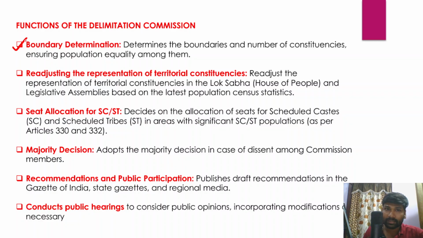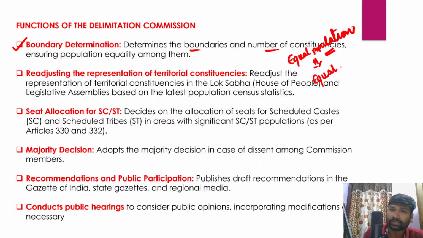So in fact, determining boundaries by the delimitation commission, or determining the number of constituencies that each state would have, is primarily based on equal population in each constituency to ensure that there will be equal representation or fair representation, right? So ensure equal or fair representation of the population.